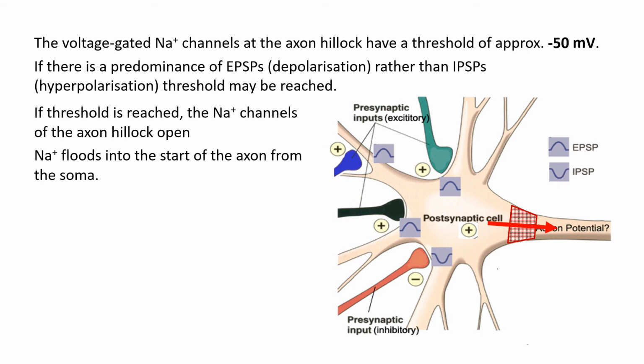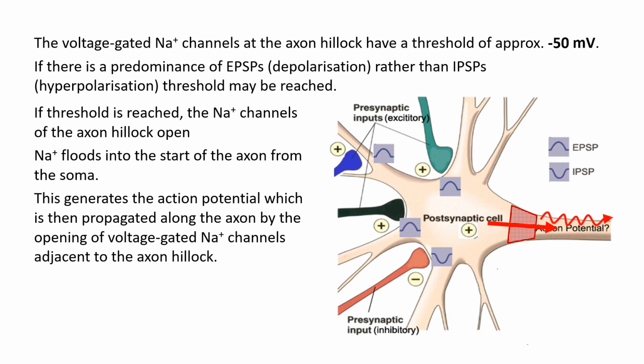So that sodium flooding into the axon is going to open voltage-gated channels and set off an action potential that's then going to propagate along the axon. So this opening of these voltage-gated sodium channels at the start of the axon, in the axon hillock, generates the action potential.